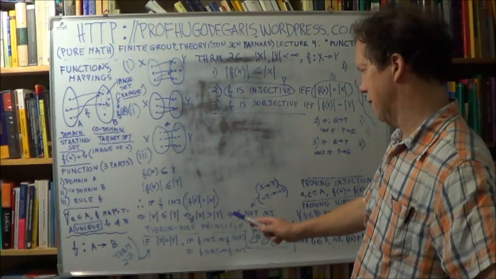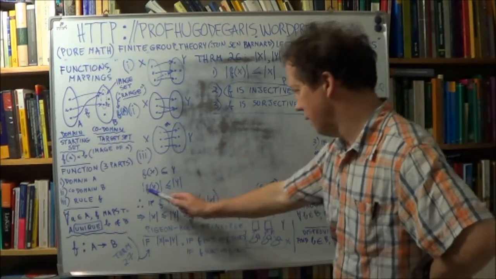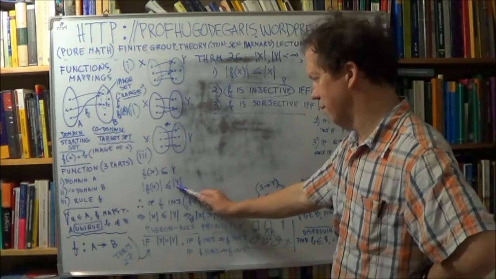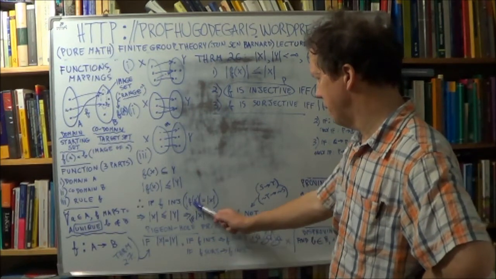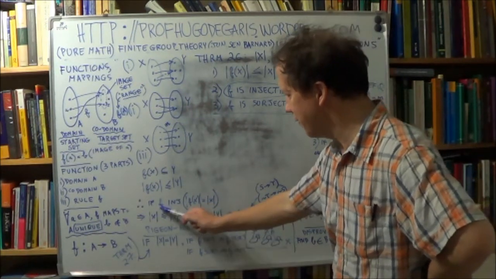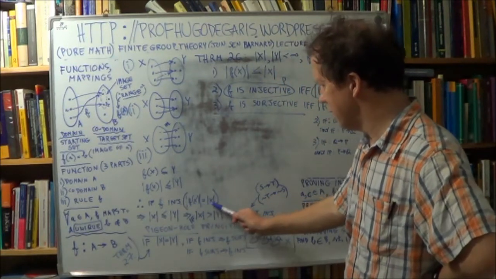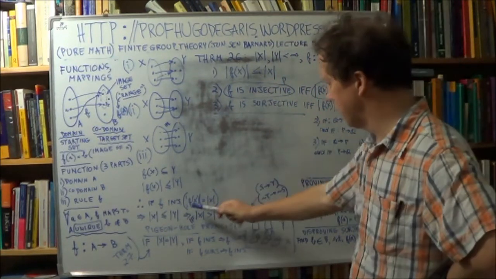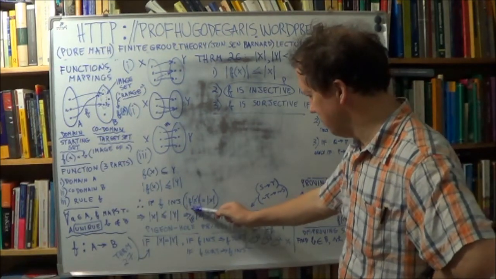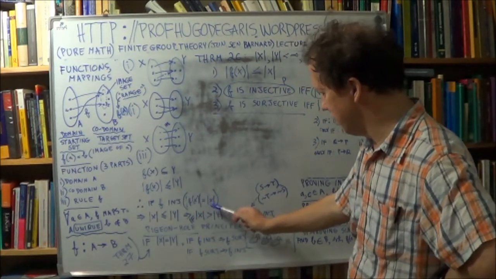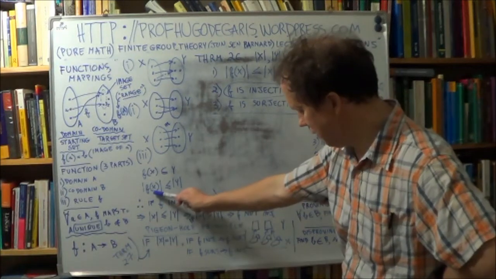Now this is less than or equal to the size of y, right? But if f is injective, this is equal to this. We proved that here in part 2. Right? So substitute this with this. So put this here.